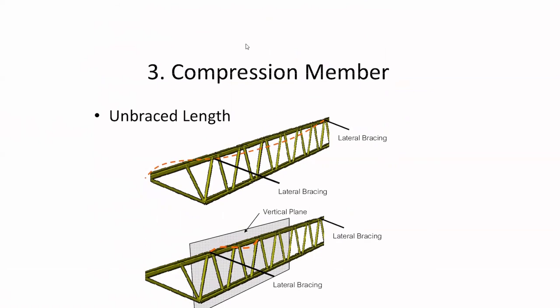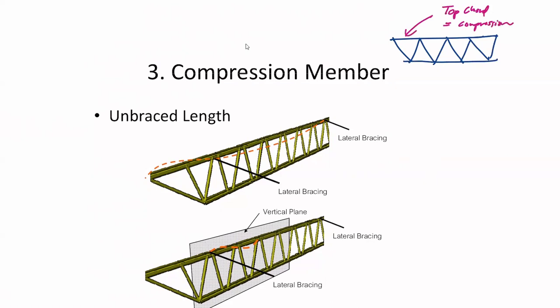So when I say this, it means now you know that the top chord, if it's a simple beam, becomes a compression member, right? And the diagonal members are going to be compression members for some of them as well.